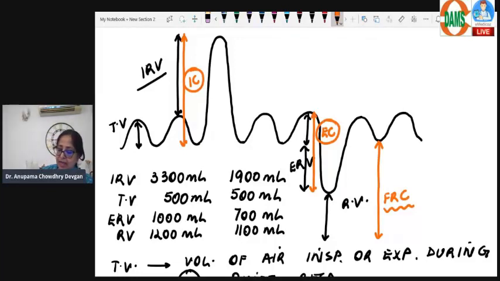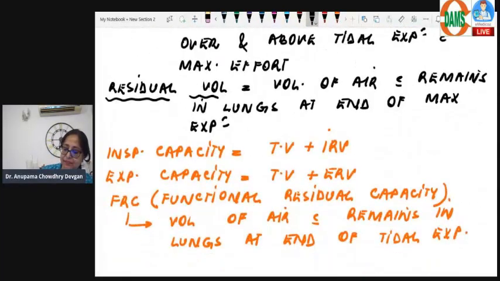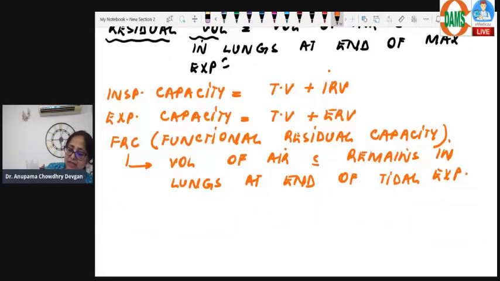Okay? Then you come to what you understand by forced vital capacity. What is vital capacity or forced vital capacity?